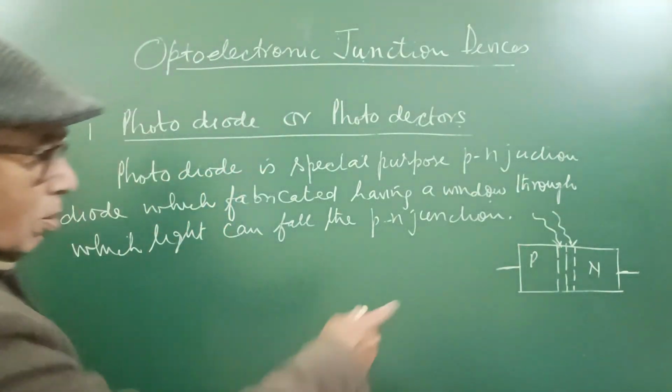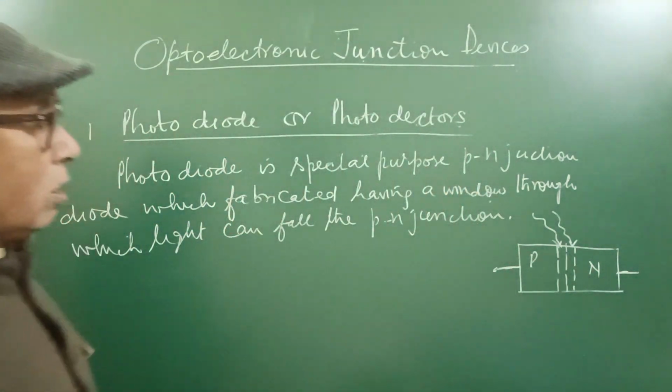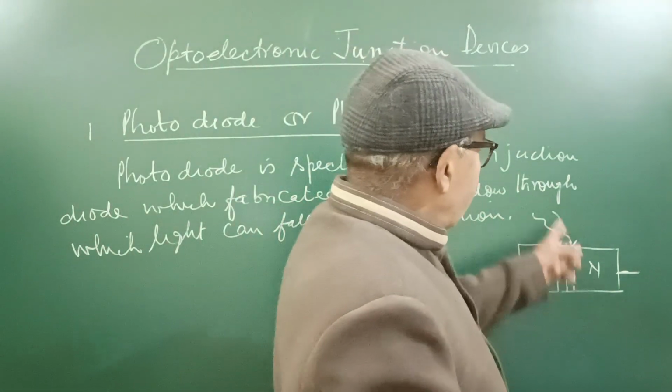There are the PN junction and electrodes. Now it is operated in reverse bias to detect the light falling on it.